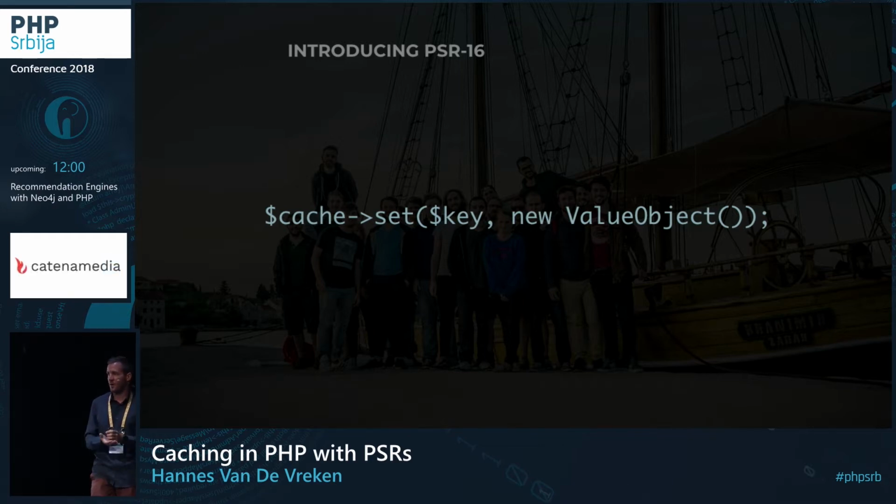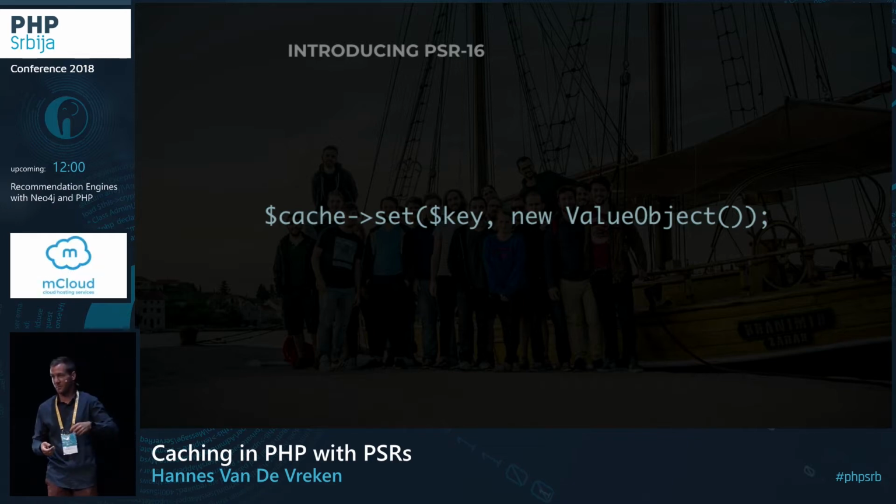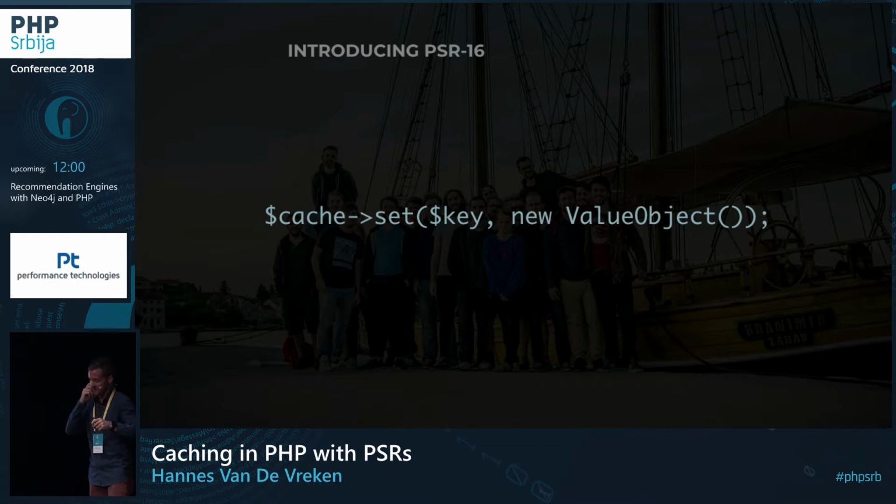For example, DNS also has negative caching. If a DNS server is looking up a name, for example conf2018.phpserbia.rs, and that DNS name is not known, then the DNS server will remember that.